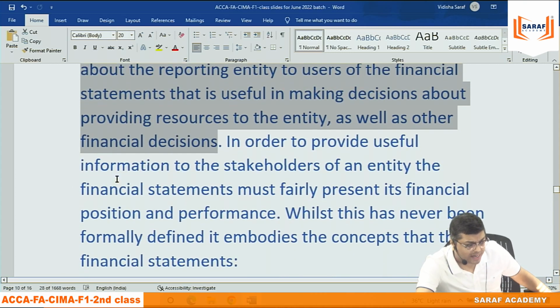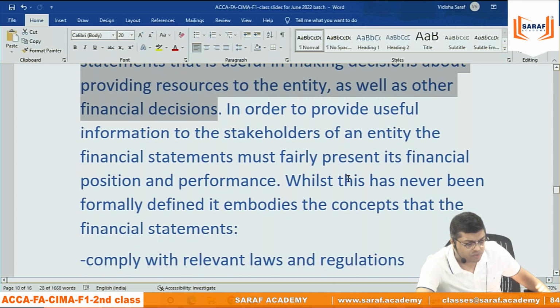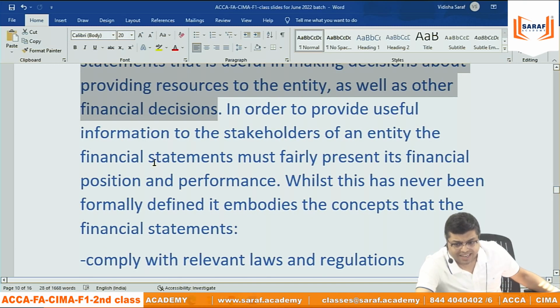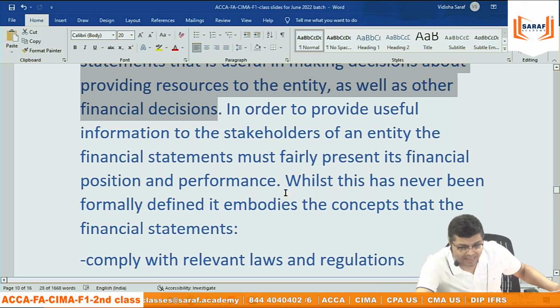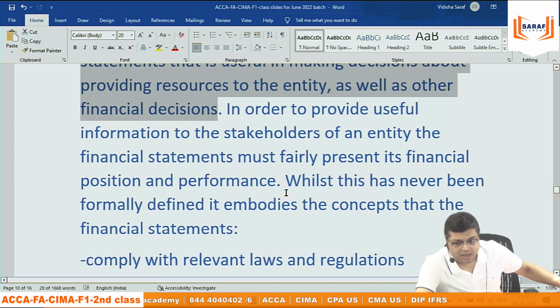In order to provide useful information to stakeholders, shareholders, suppliers, financiers, everybody is treated as a stakeholder. The financial statement must fairly present the financial position. Users can take correct, proper decisions when the financial statements are prepared in a proper way, without any bias, irregularities, faults or problems.